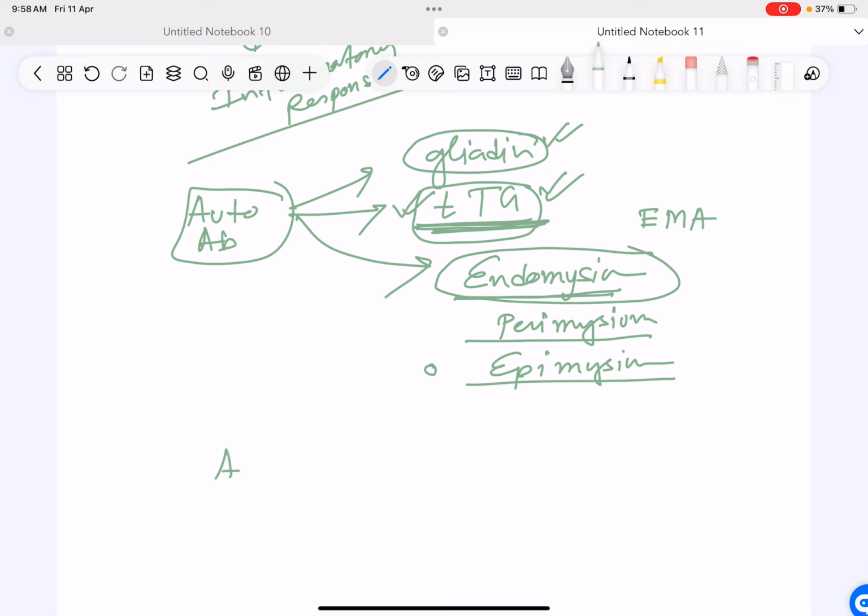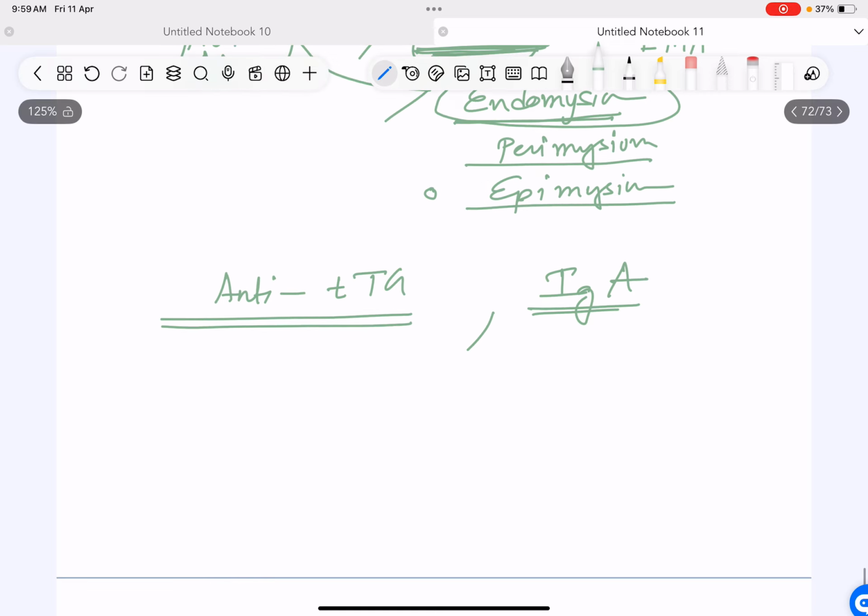First of all, the anti-TTG. This is the most sensitive antibody. It is highly sensitive, but if you have to check for celiac disease, you should always check IgA levels along with it, because anti-TTG is present as IgA autoantibodies and IgG autoantibodies.